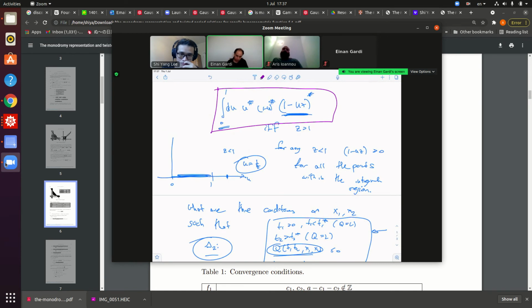Actually, there are 4. 3 you see immediately. One is when this vanishes, that's 0. One is that this vanishes, that's here. And one is this vanishes, that's here. Where is the 4th one? It's a bit hard to see, but that's at infinity. If u equals infinity or minus infinity, then if you change variables u to 1 over u, you'd see that that's another branch point. So that's the fourth one.